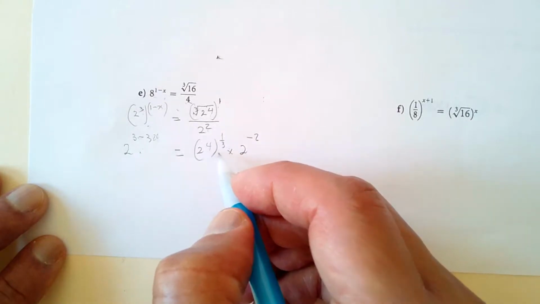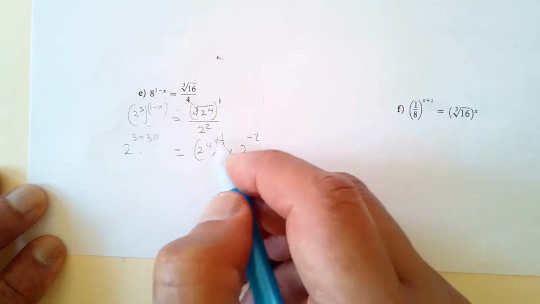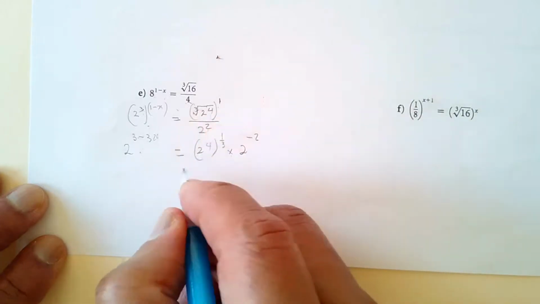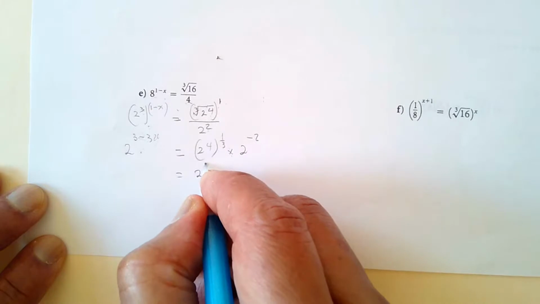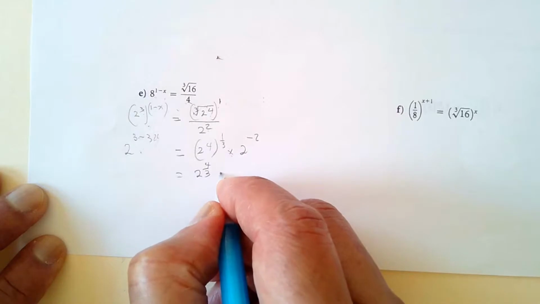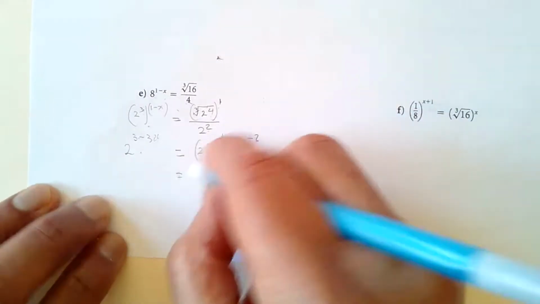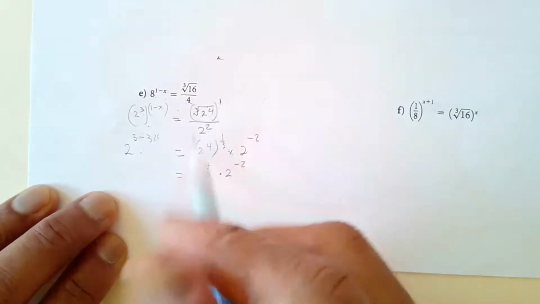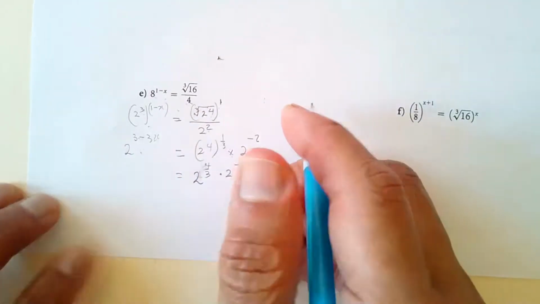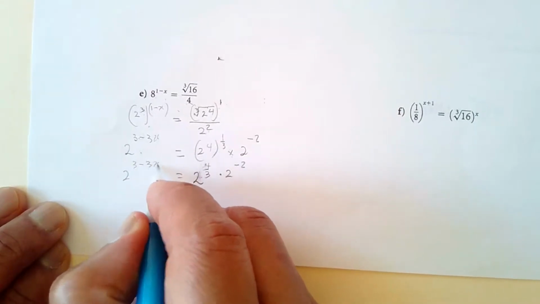Using our product rule, we're going to add the exponents now. I can change this immediately to 2 to the 4/3 times 2 to the negative 2. Let's write this a bit like the base itself. This becomes 2 to the 3 minus 3x.